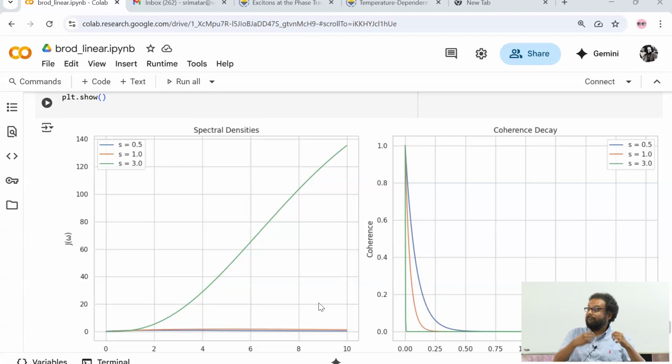On the other hand, if I have disorder in the system, like site-to-site disorder, typically that is sub-ohmic. Okay, so sub-ohmic. Think about it, right? My excitation exists here. If I'm staying here as an excitation and my lattice is all around, the phonons are everywhere and they're hitting me from all directions. So I'm going to be subject to very fast fluctuations because the phonons are all around me.